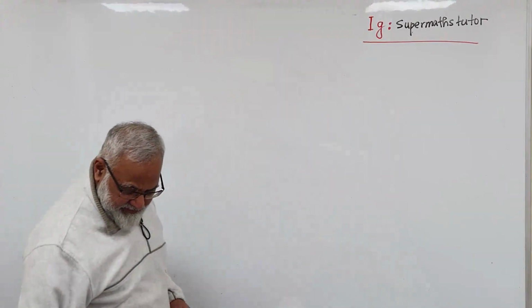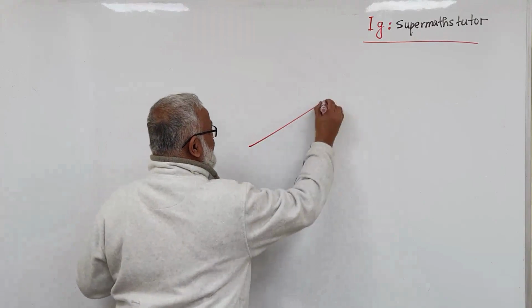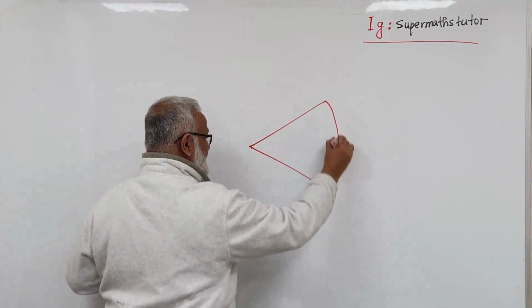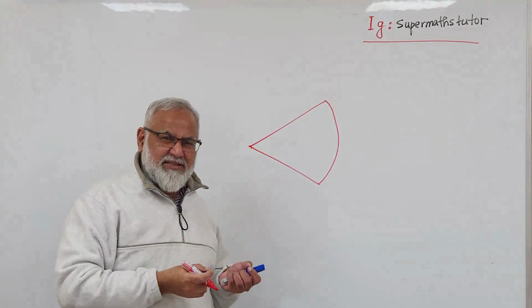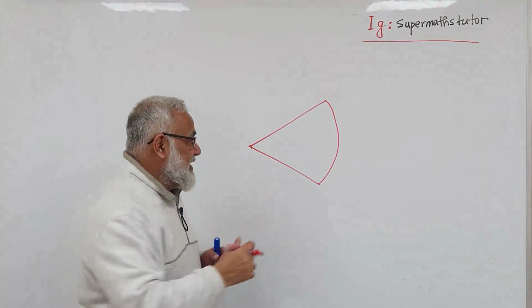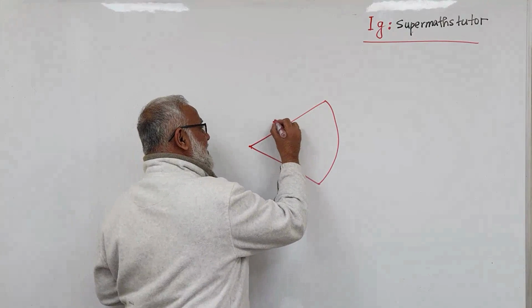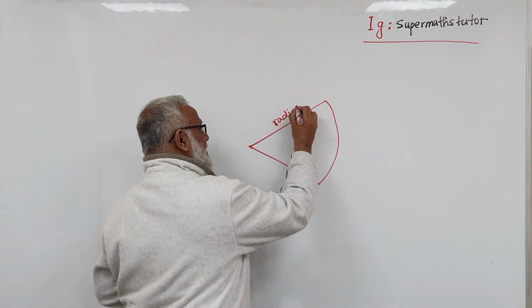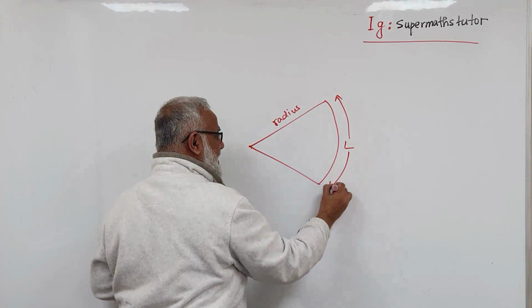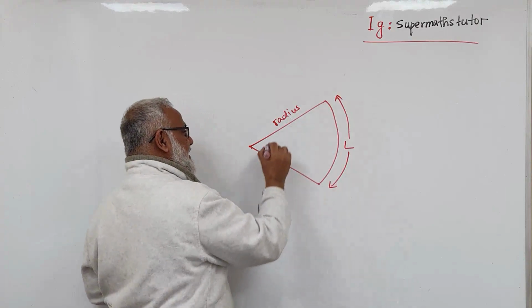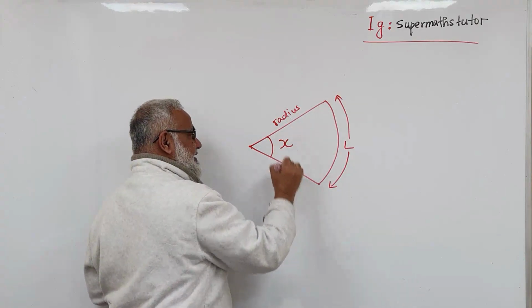So imagine this is a sector. Now, the special ingredients in order to understand the sector: this length is called the radius. This is called the length of the arc. This is the arc. This is the unknown angle x.